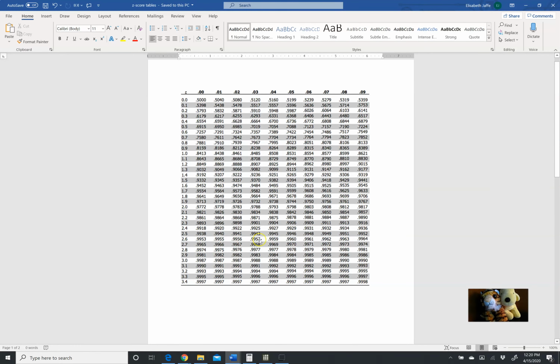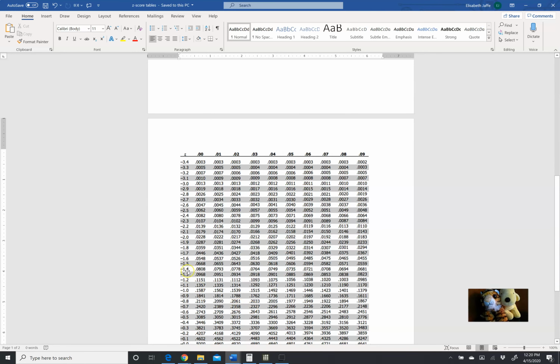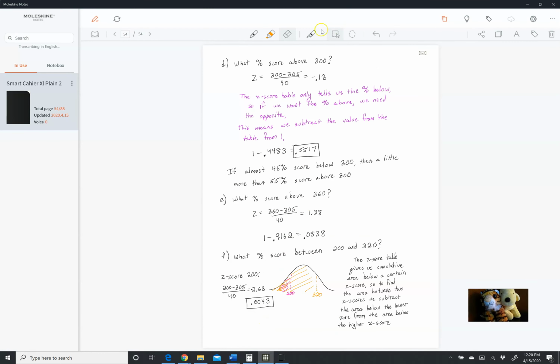So 2.63 was 0.9957. Sorry, this was negative 2.63. We're below. Okay, so we're going to go to the negatives. So negative 2.63 was 0.0043. Okay. So this is for below 200.